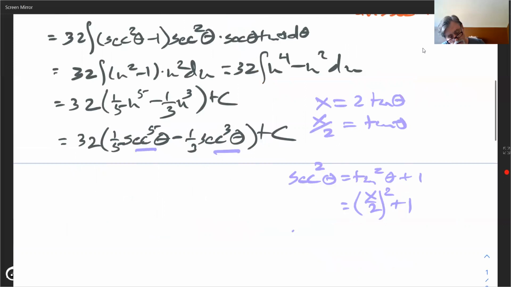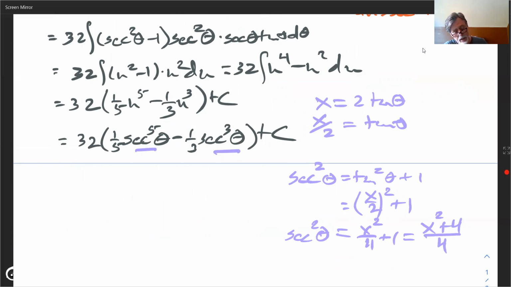So we're getting secant squared theta, I know, tedious, is x squared over 4 plus 1. But you know what? I'm going to call it x squared plus 4 all over 4, common denominator, okay? So that means that secant theta by its lonesome is the square root of x squared plus 4 over 2, okay? Plug those in and you get your final answer.